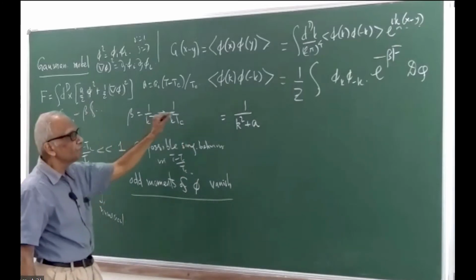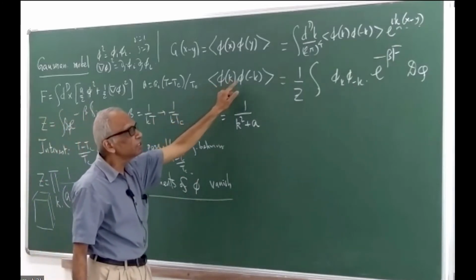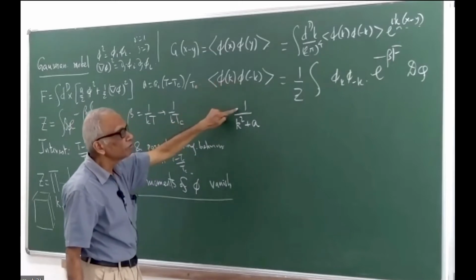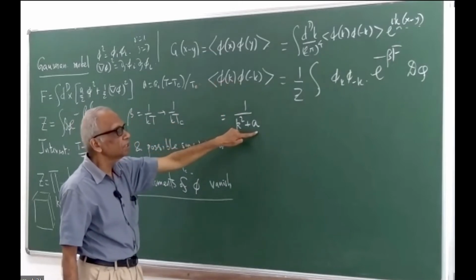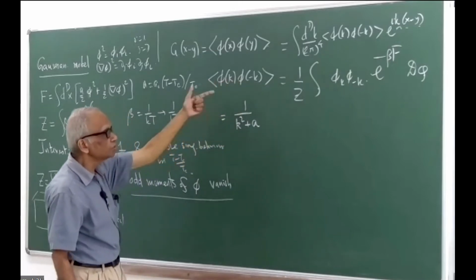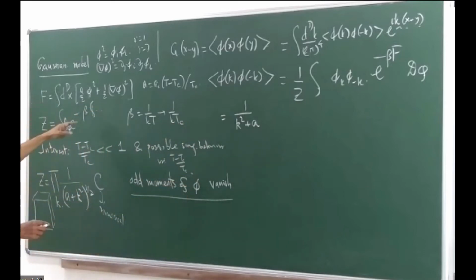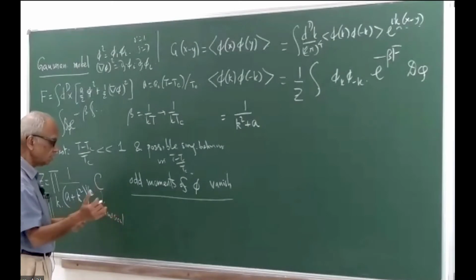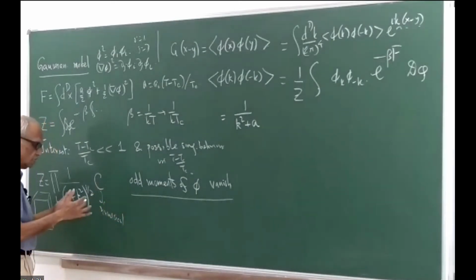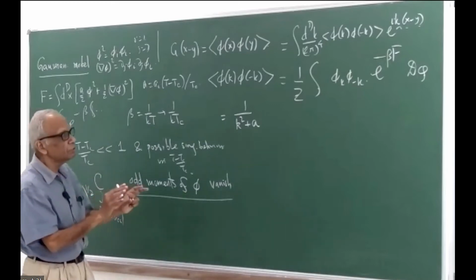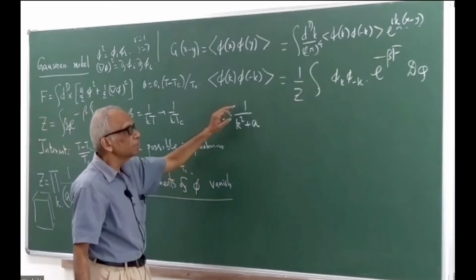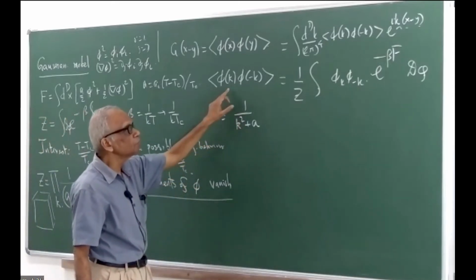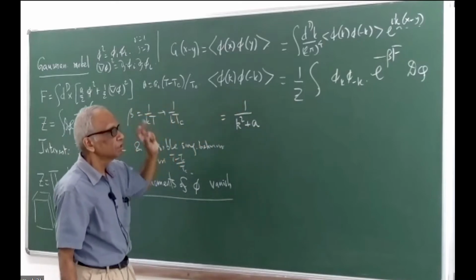And so for future use, phi k phi minus k would always be 1 over k square plus a, with the constants that appear because of the floating betas and the pi's and things like that, which come along naturally, being set equal to 1, so that this coefficient is always 1.